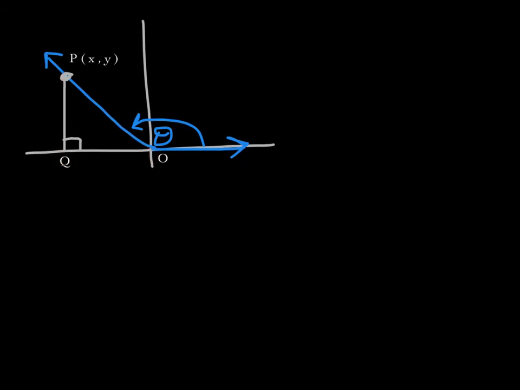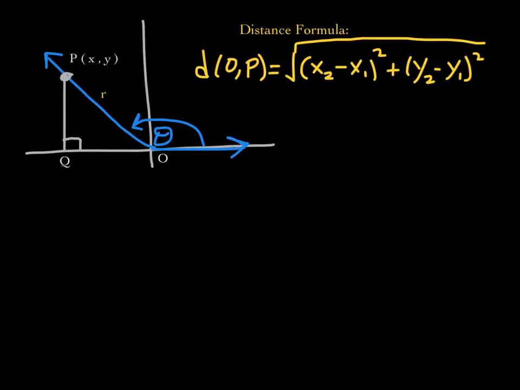Okay. What we want to do is find the distance r, the distance from P to the origin. Let's label that r, and that's what you and I want to find using the distance formula. Now the distance formula says that the distance between O and P, this distance from O to P, is the square root of, now you've seen this formula before, right?